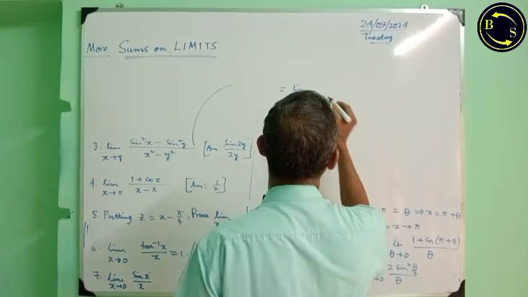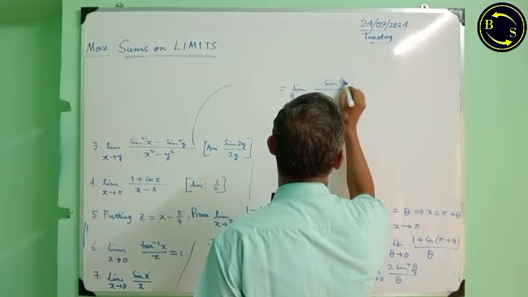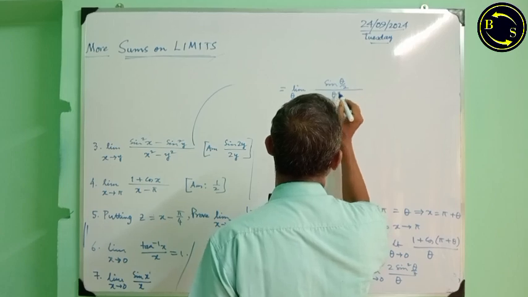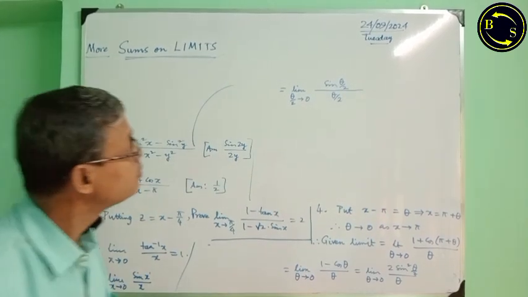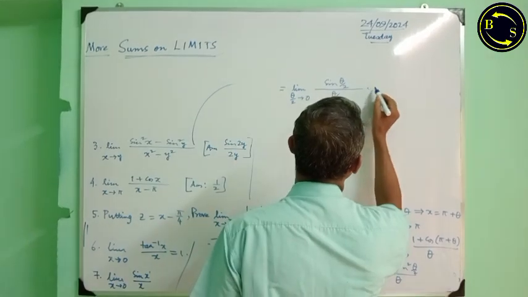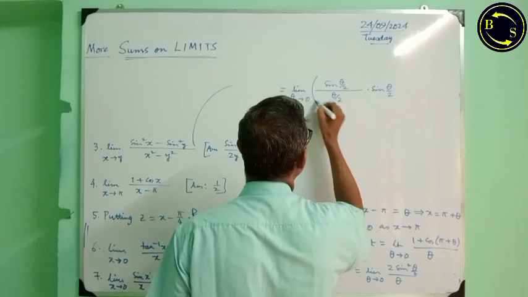Now I write this sine theta by 2 into sine theta by 2.